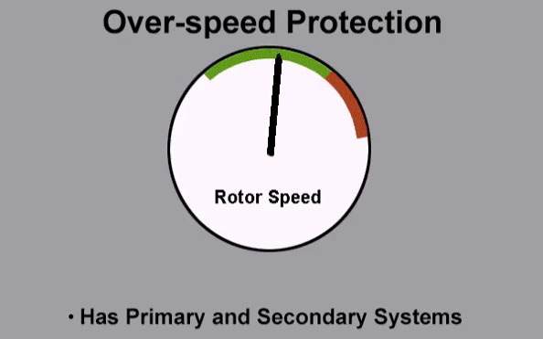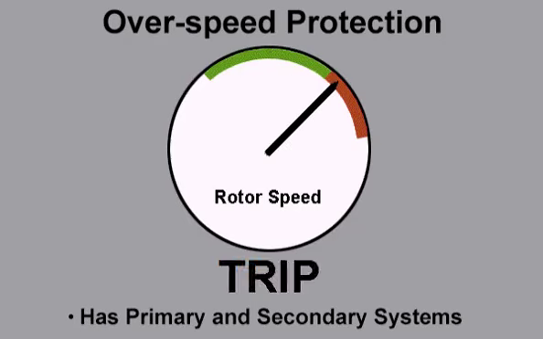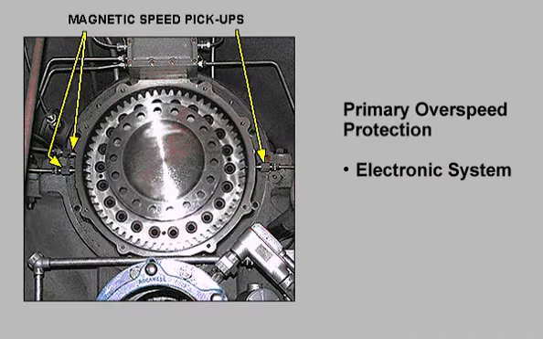The overspeed protection system is designed to protect the gas turbine against possible damage caused by overspeeding of the turbine shaft. Typically, the overspeed protection system consists of a primary and secondary or backup system for the normal control shutdown features. The primary overspeed protection system is the electronic system and consists of magnetic pickups to sense turbine speed.